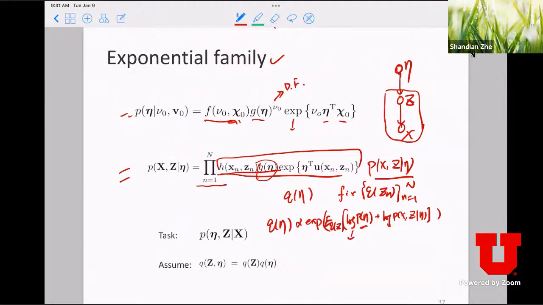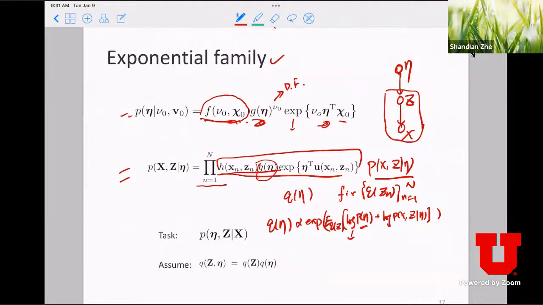And then we can just do some kind of tedious logarithm, right? So first, again, for any terms inside the prior which are constant to eta, you can just throw them out. This doesn't change the result. So you can just look at the terms which contain eta, which will include g of eta to the power nu 0 and this exponential term.